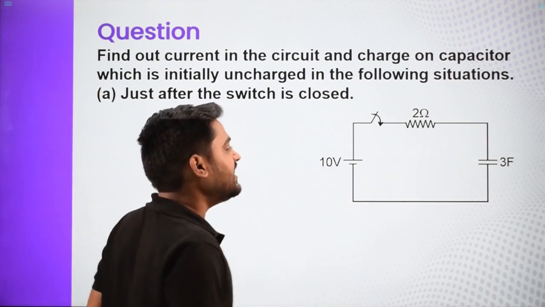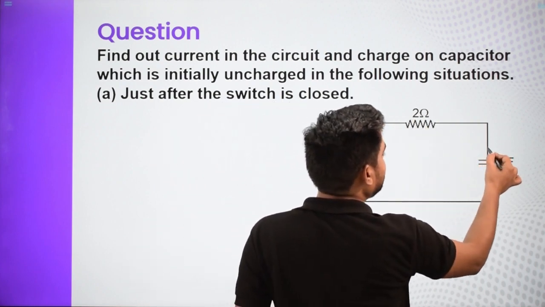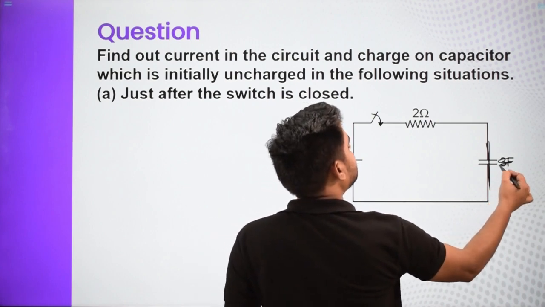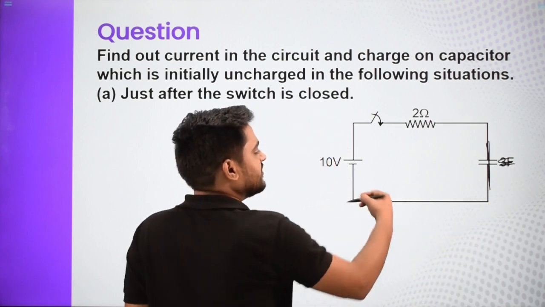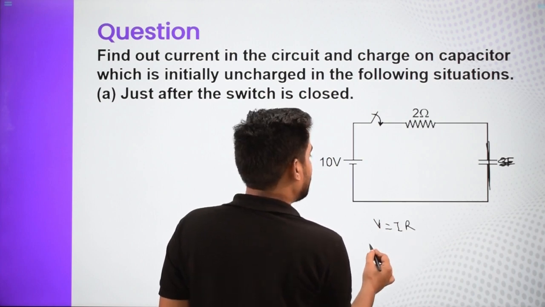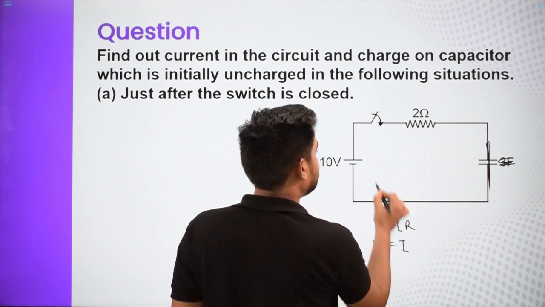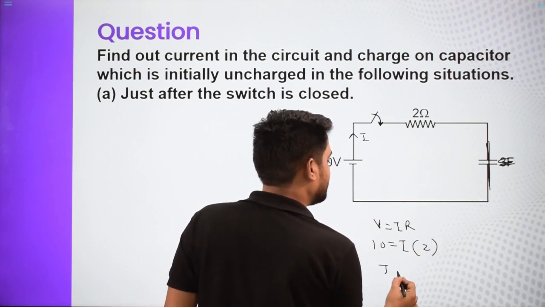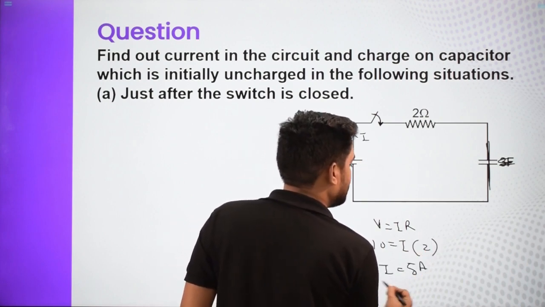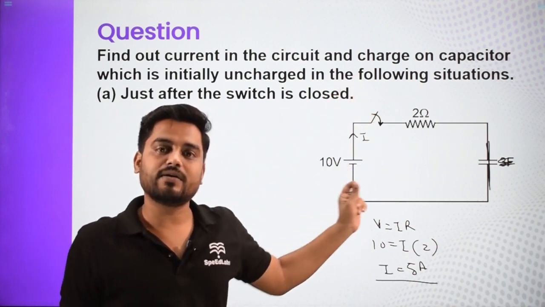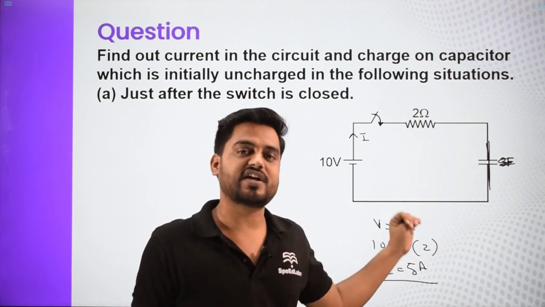Initially, when we are just connecting it, the capacitor can be treated as a wire, so forget that there was a capacitor. We can simply apply V equals IR. It is 10 volt, the current is, let's say, I, and the resistance is simply 2 ohms. So the current comes to be 5 amperes. So immediately once we close this switch, at that moment a 5 ampere current will start flowing.